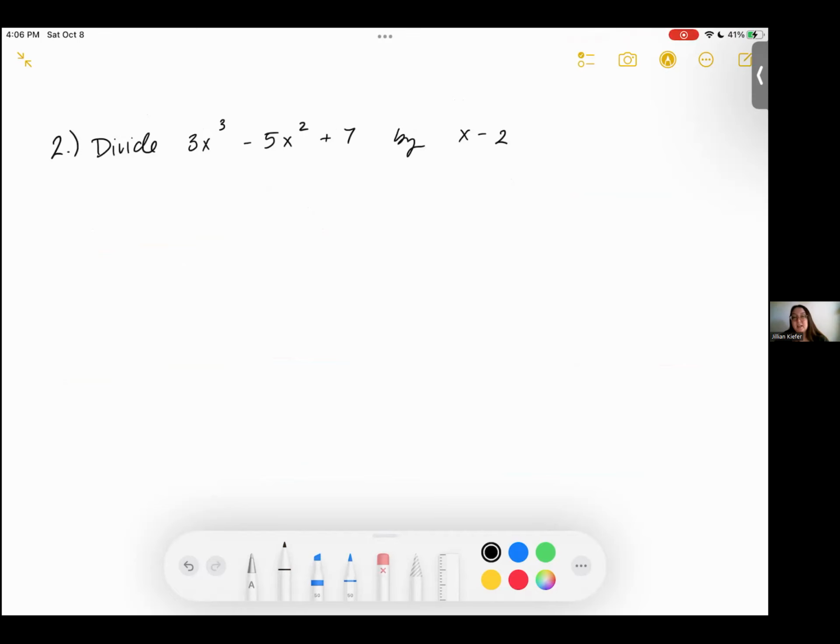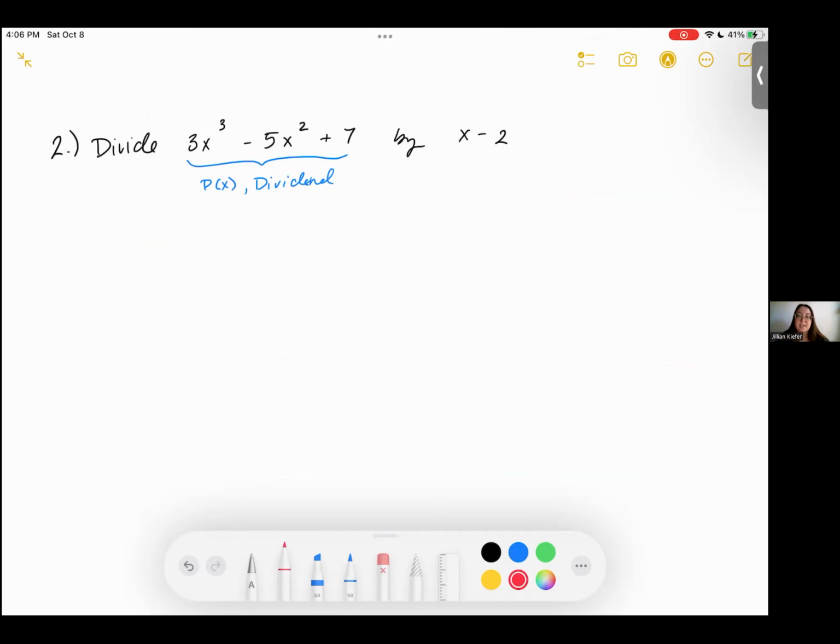So before we set anything up, let's just establish a few things. We want to figure out, are we missing any terms? And what is the value of C? So if we look to our dividend here, this is P of x, the dividend, and it is also missing a term.